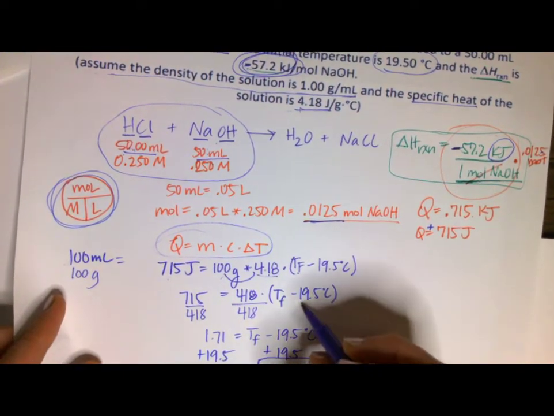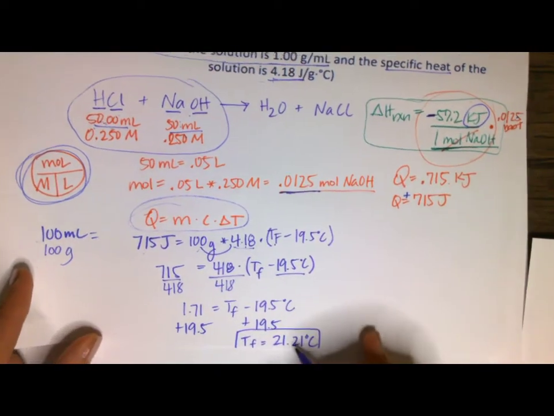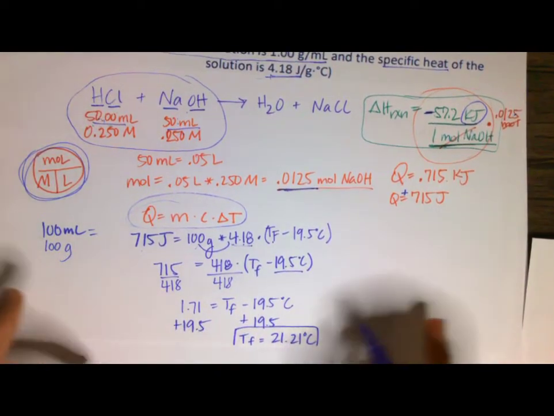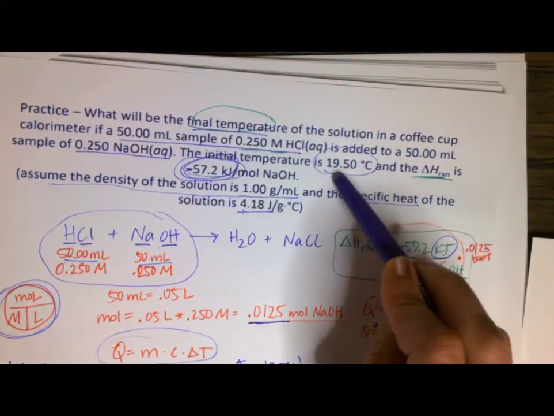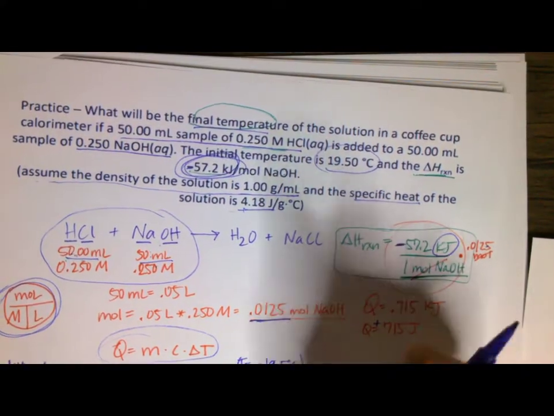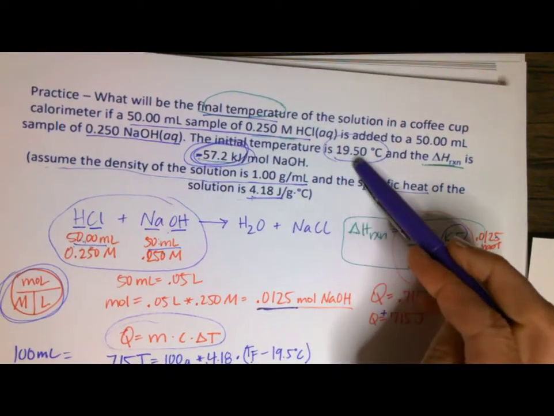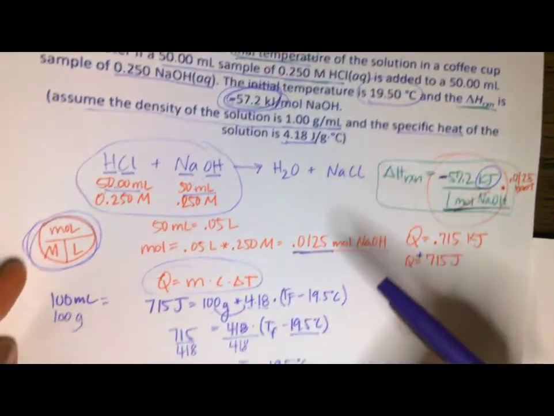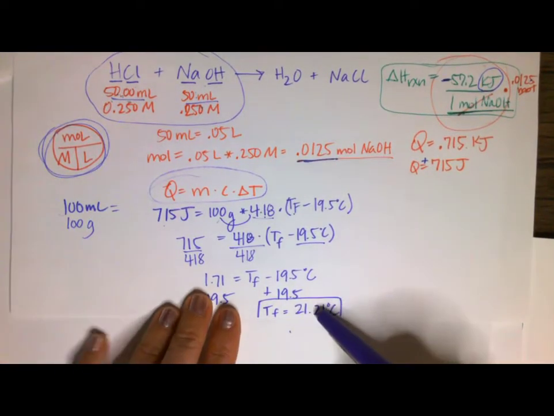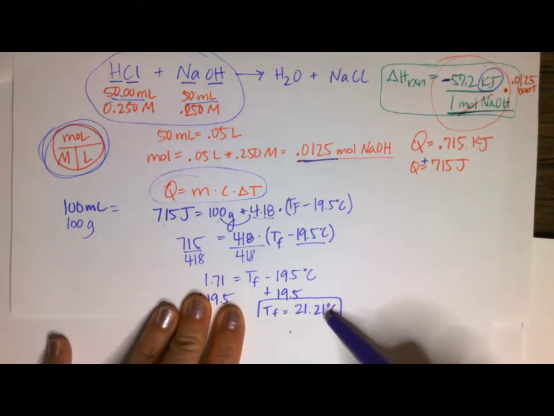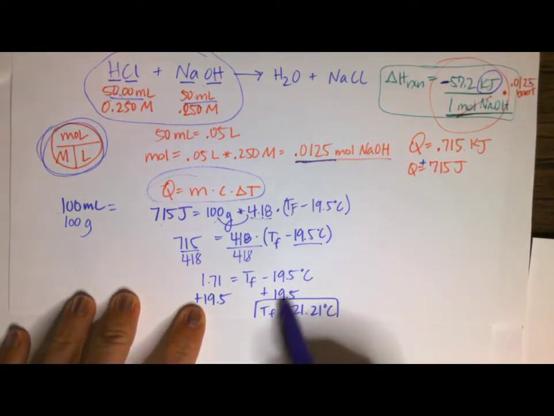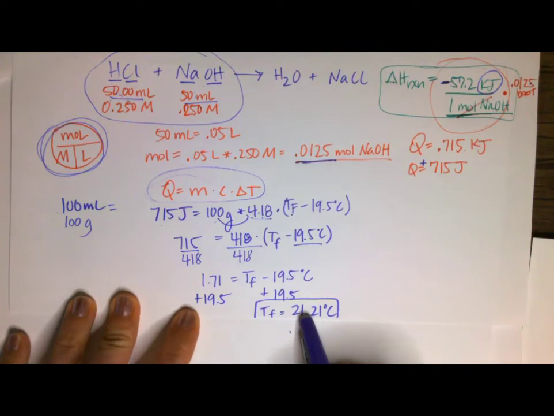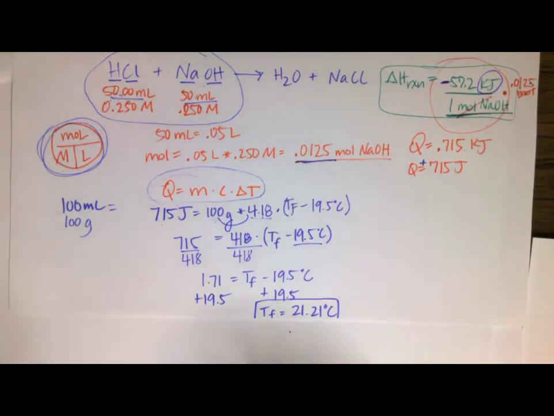Our initial temperature was 19.5, and it raised very little to 21, which makes sense because if it's an exothermic reaction, it's going to raise a little bit, but remember, it takes a lot of energy to raise the temperature of water. So we went from 19.5 to 21.21. Pretty good. It took a lot of energy to raise it just that, not even 2 degrees. So, good job.